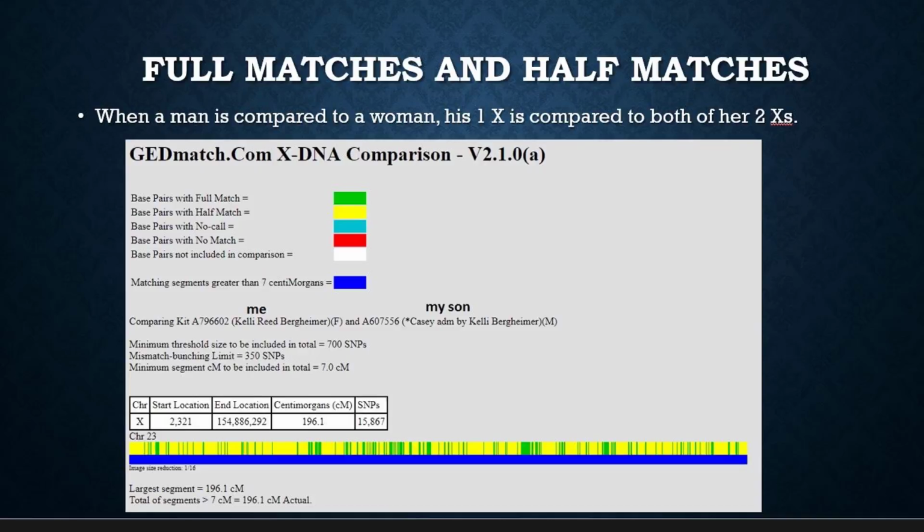So remember how my son is 196 matched to me? That's because GEDMATCH is taking the 196 on his X and comparing it to both of mine.